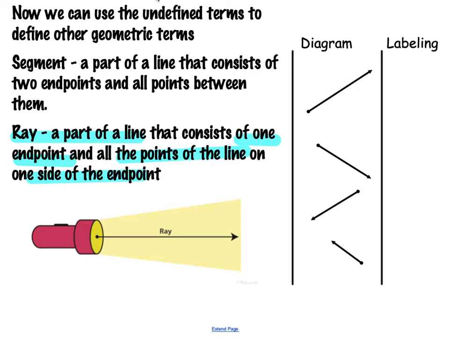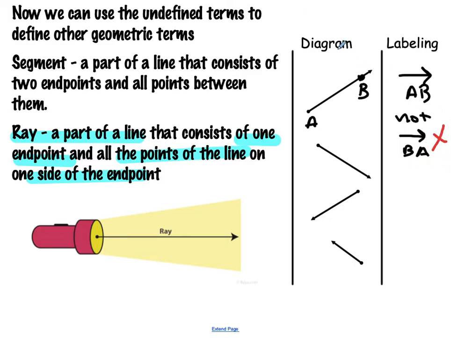Now, when you name a ray, you want to start from the endpoint and then go to the direction that it's going. So let's say this is point A and then this is point B. We label this ray AB. We do not label it BA. All right, because B is not the endpoint and A is not the direction that it's going. Okay, so this is wrong.